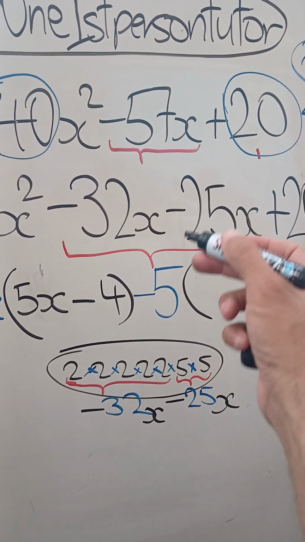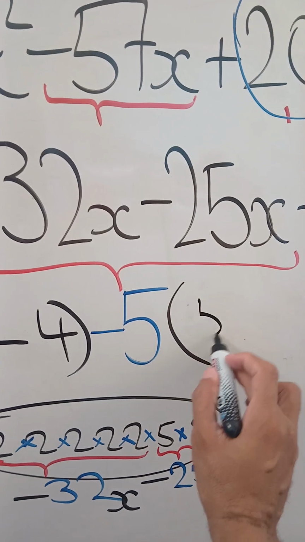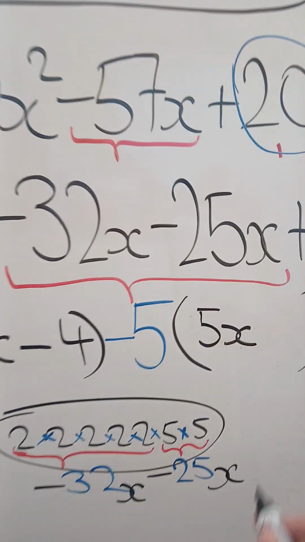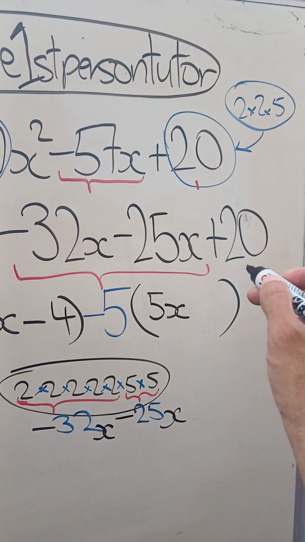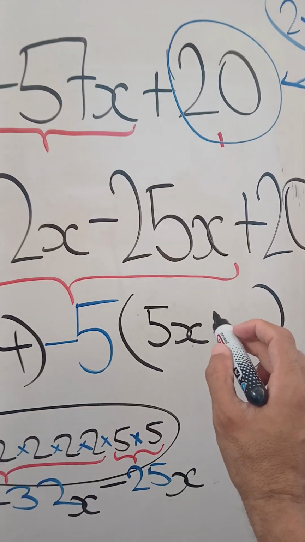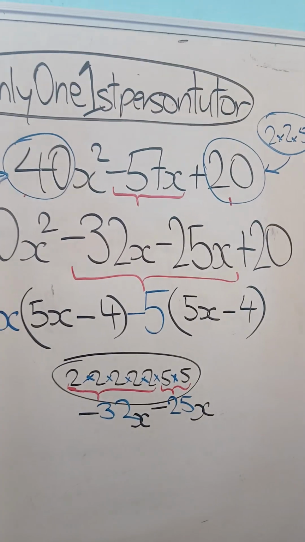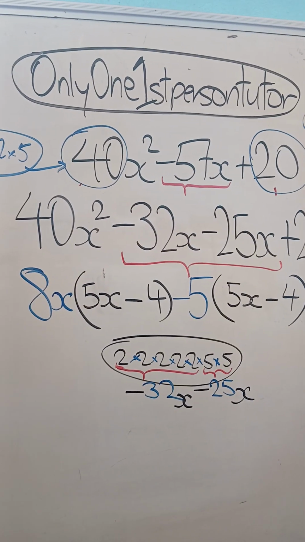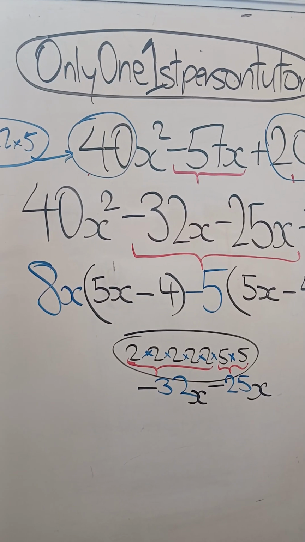Negatives cancel, leaving us with a positive 5 and the x. So we'll write 5x, and then of course plus 20 divided by the minus 5 will leave us with our minus 4. Yeah? So yeah, that takes care of that.